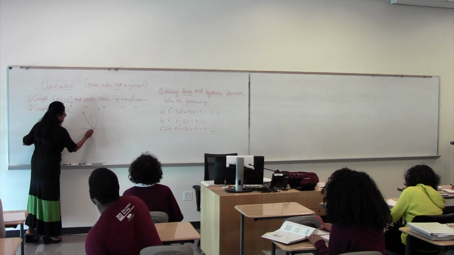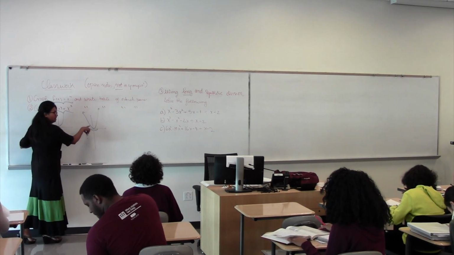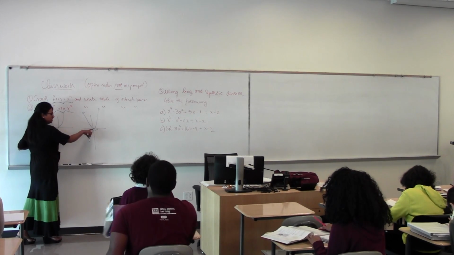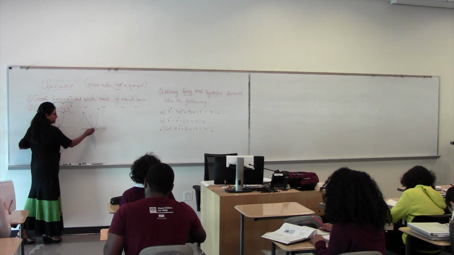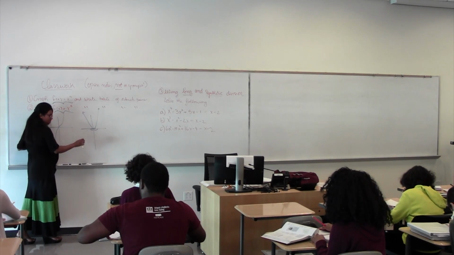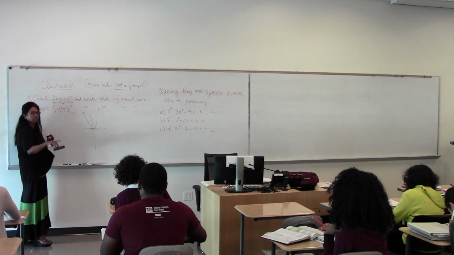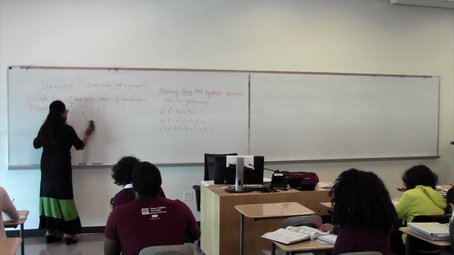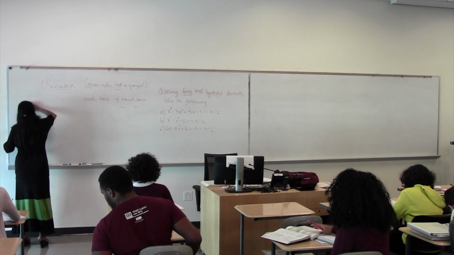We need to pick some values in between and see how the graph is going for these values. It's very low, so it's like touching the x-axis here. I saw a couple of you did this right. So we talked about this next class meeting.